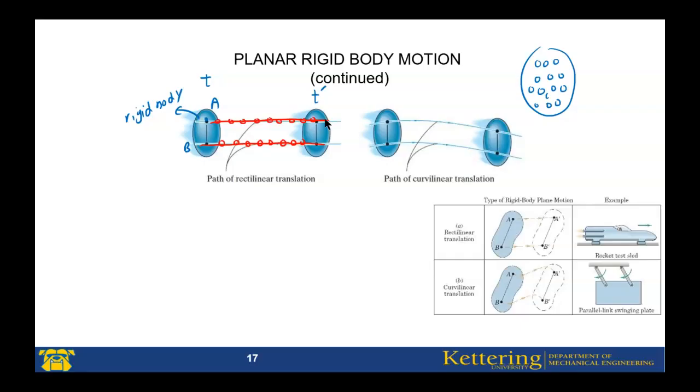I can see that the path of A and also the path of B are straight paths. Okay? You learned about this type of motion. It is called rectilinear. Also, because the paths of these two particles are parallel to each other, this is a type of translation.